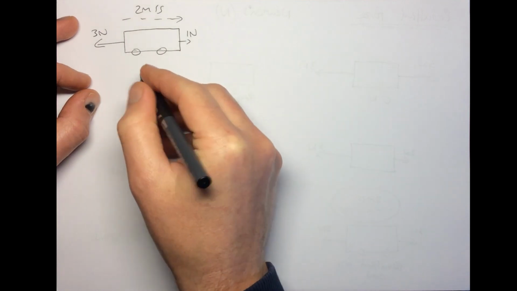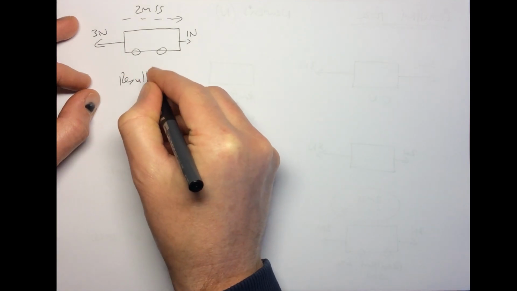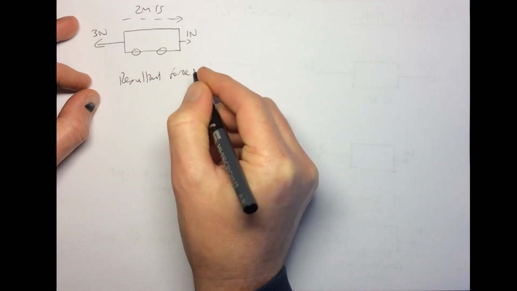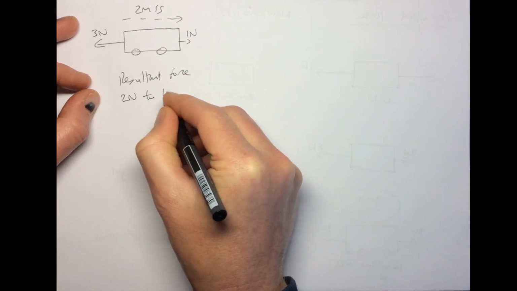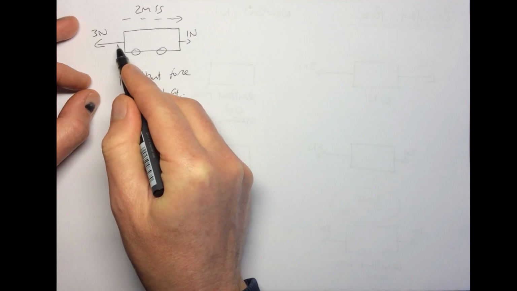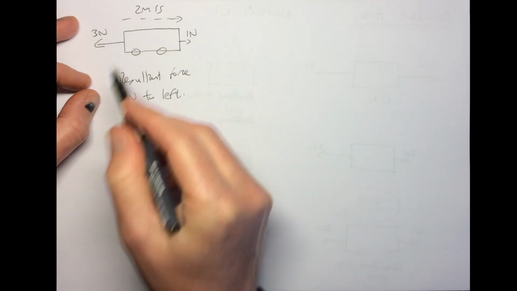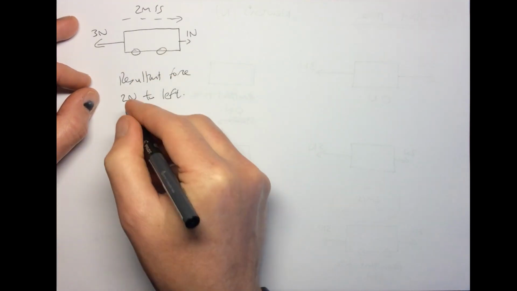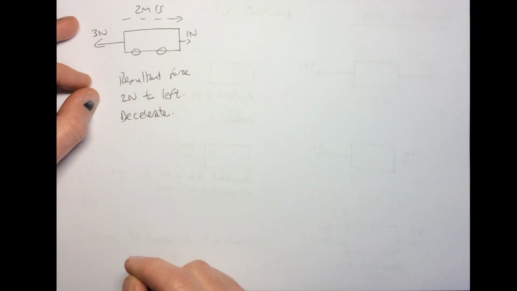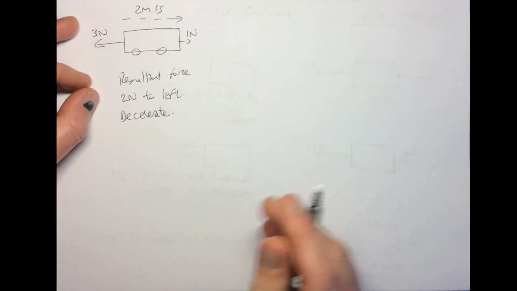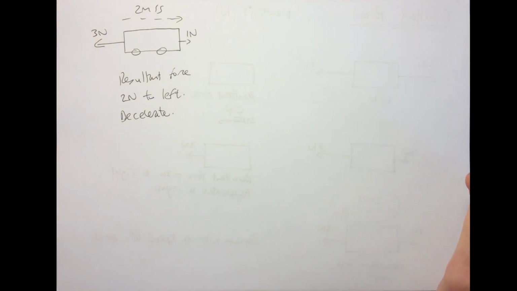So the resultant force on this car is now 3 take away 1, so it's 2 newtons to the left. It's got a resultant force to the left, but it's moving to the right. So what will happen? The car will decelerate or slow down. So those are the main ideas with resultant force.